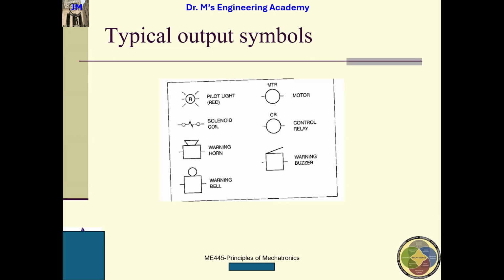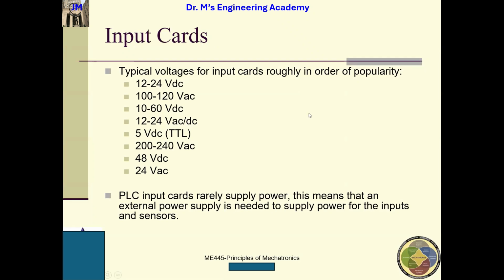Right? So the input cards. We have 2 cards. One is input, one is output. For the input cards, we use 12 to 24 VDC. This is what Frank has done for us.